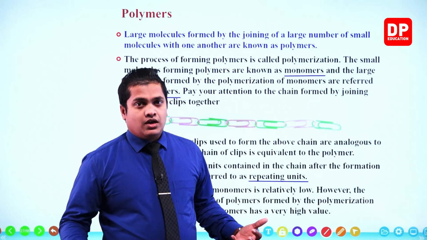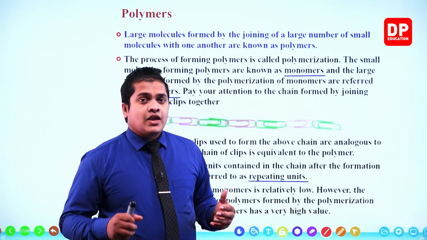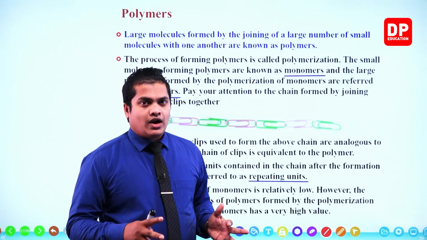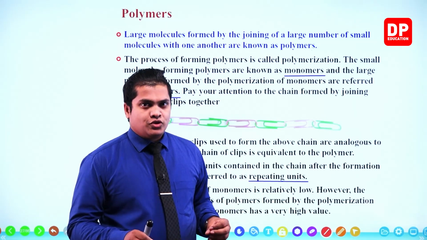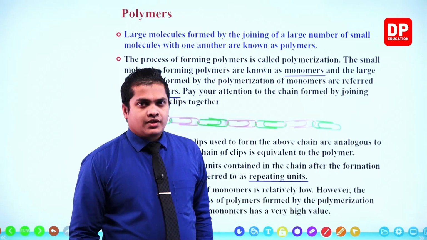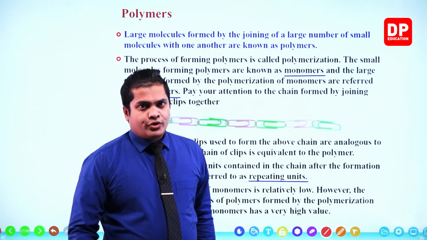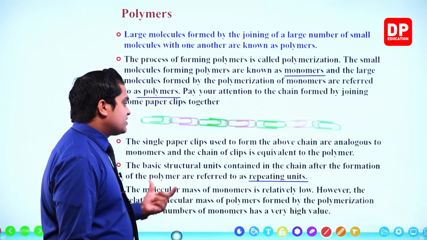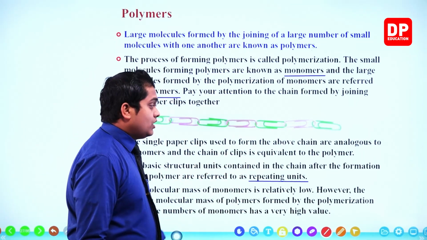So the relative molecular mass of an ethene molecule is just 28: 2 carbon atoms, 12 times 2, plus 4 hydrogen atoms, 1 times 4. So 24 plus 4, altogether 28.